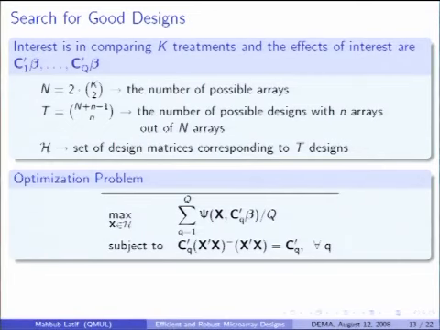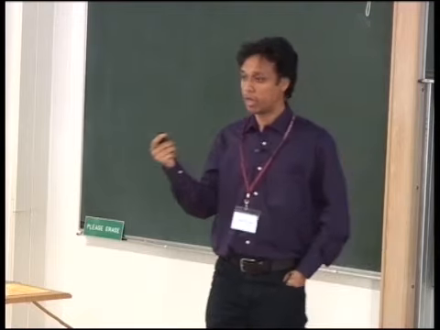Okay, and then this is my optimization problem. This is my criterion, and I try to optimize it over all possible design matrices, subject to the condition that the design must be estimable for all the effects I am interested in.